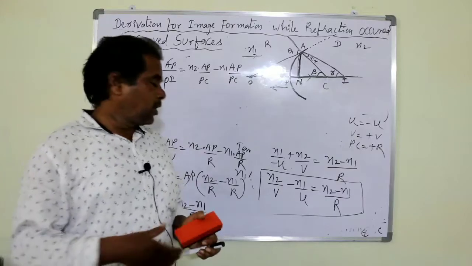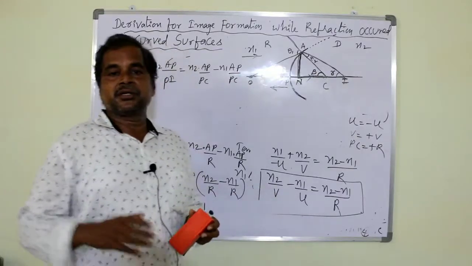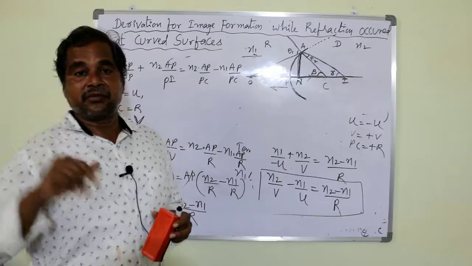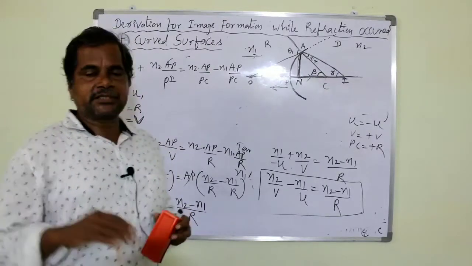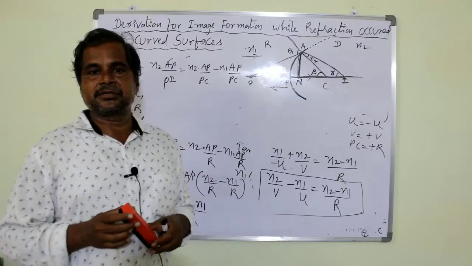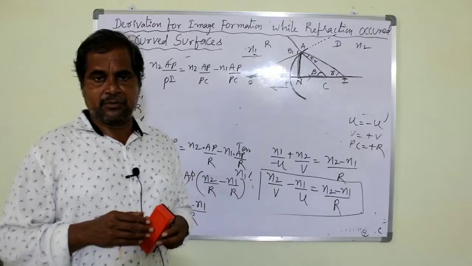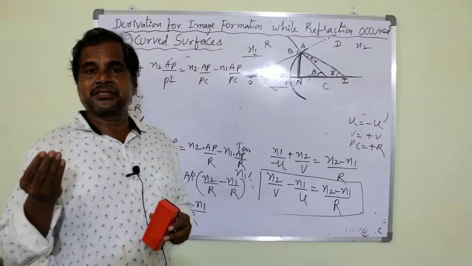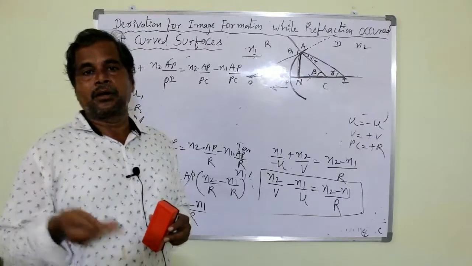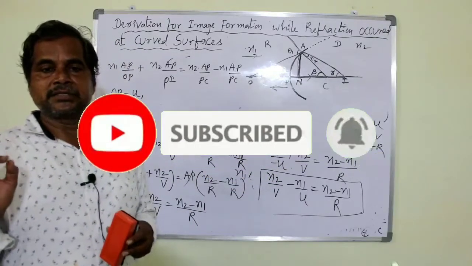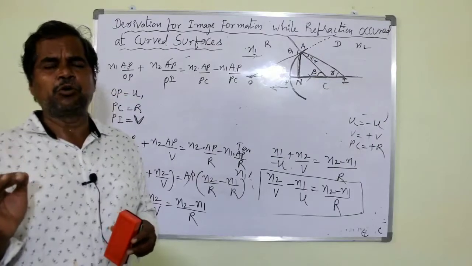What is the equation for the formation of the image when refraction occurs on plane surfaces? For example, if you take any plane transparent surface, what is the radius of curvature of that plane surface? That plane surface is also part of our planet, so its radius of curvature becomes infinite, a huge value.